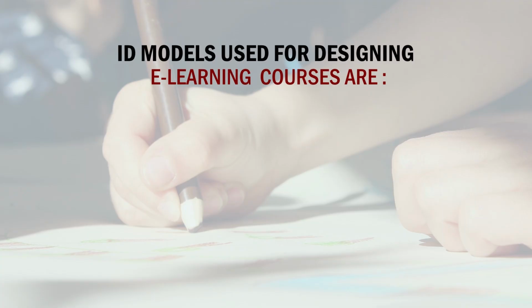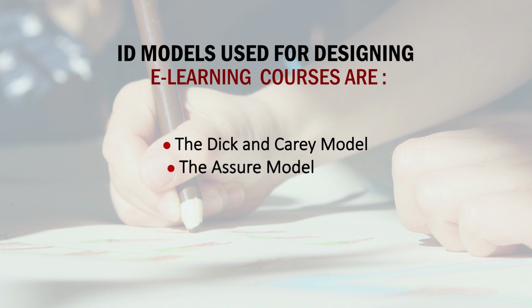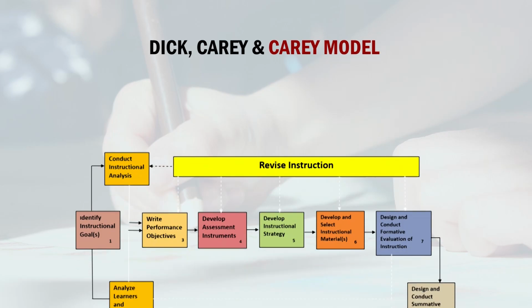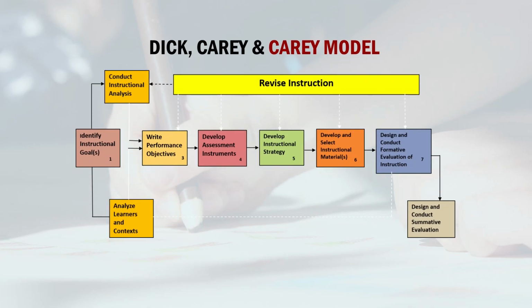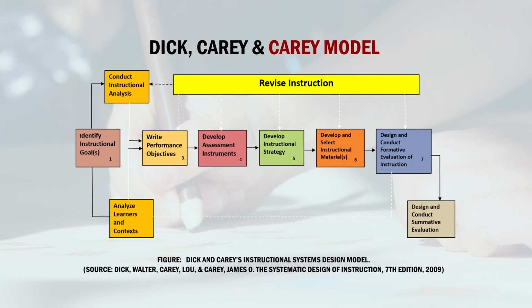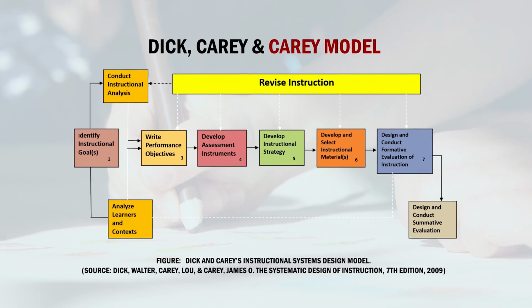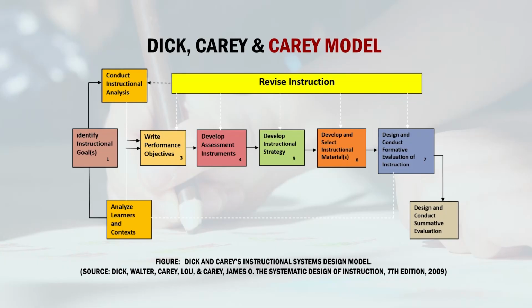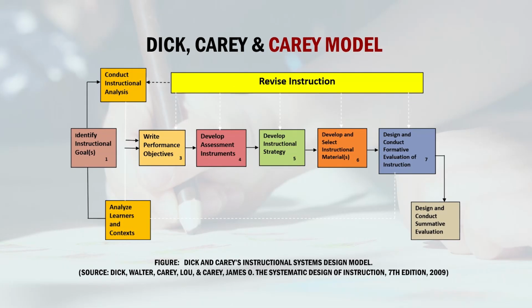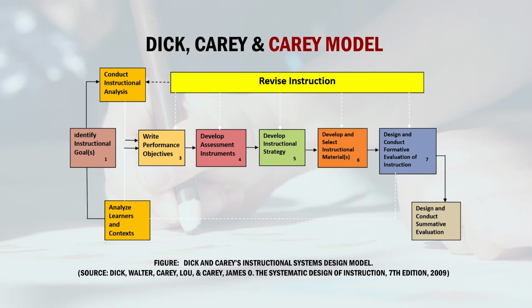Instructional design models which are used for designing e-learning courses are the Dick and Carey model and the Assure model. In the Dick and Carey model, you can see the 9 steps. First, identify the instructional goals, and the next step is conduct instructional analysis, analyze learners' needs and the context.